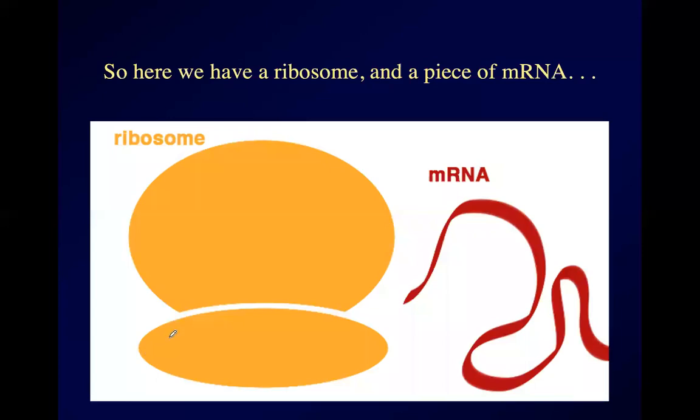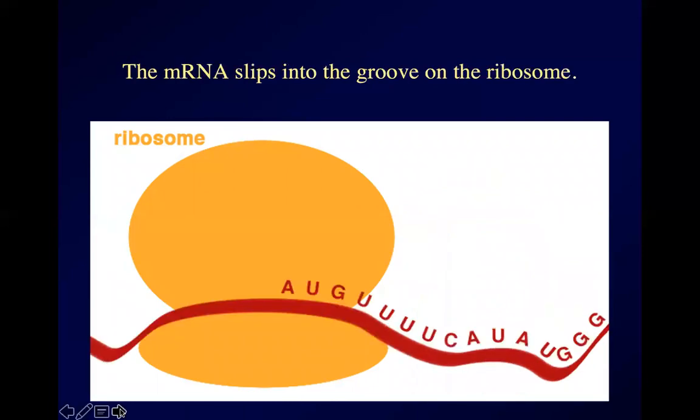So here's a ribosome on the left, and there's a piece of messenger RNA that comes grooving up slowly and slips into the groove on the ribosome. Now, this part up here, there's a kind of leader sequence that we don't need to worry about.